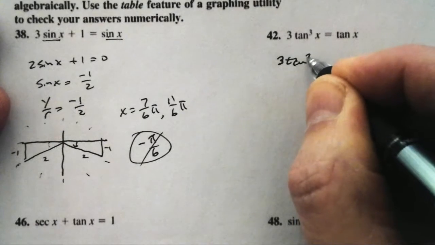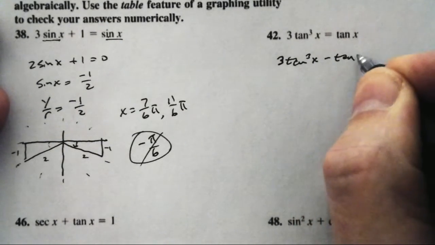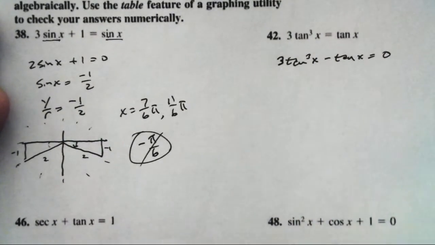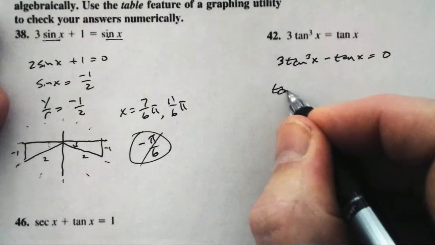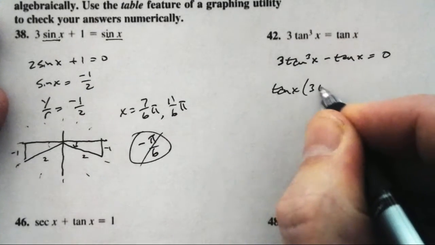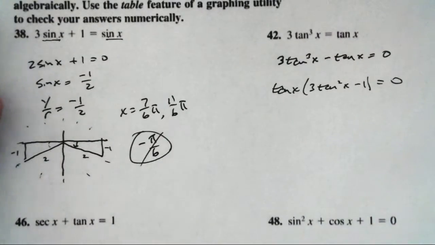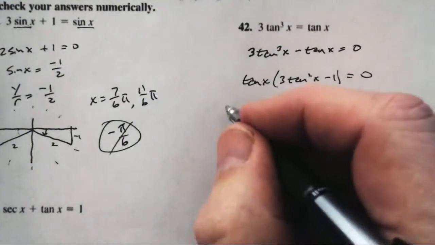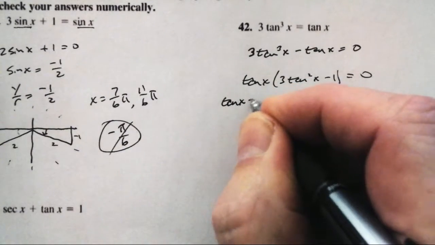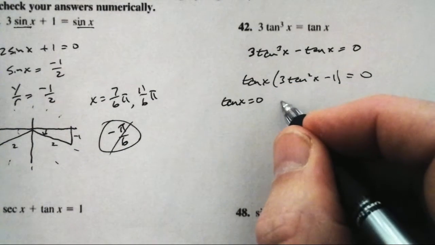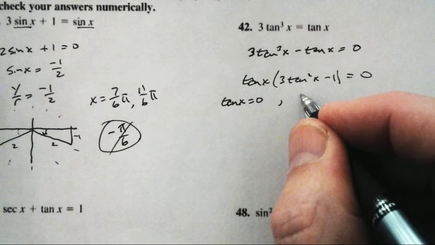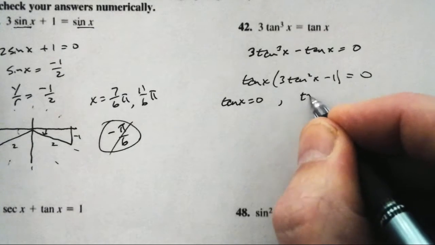3 tangent cubed of x minus tangent of x equals 0, and factor. Tangent of x times 3 tangent squared of x minus 1 equals 0. So either tangent of x equals 0, or, let's see, I'll do a little bit of the algebra here.